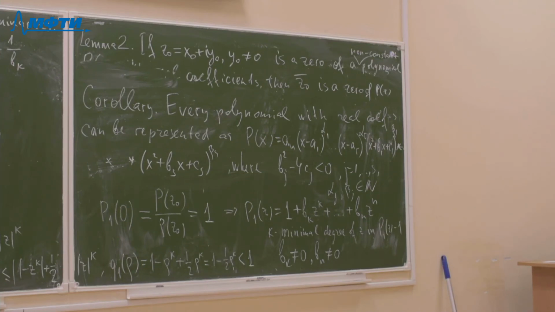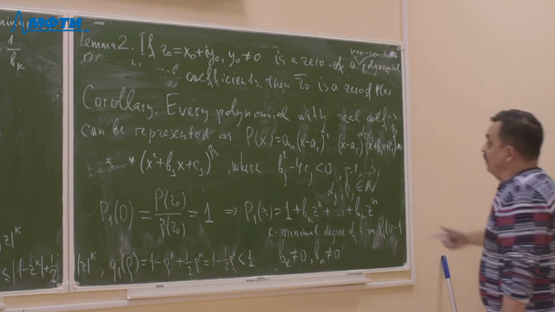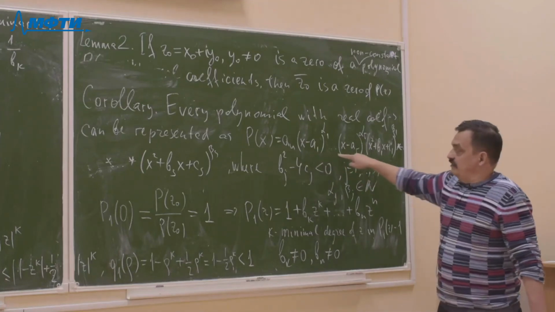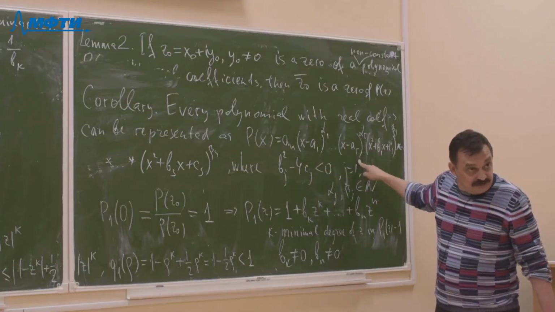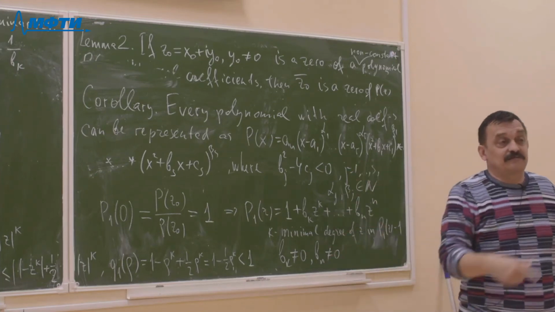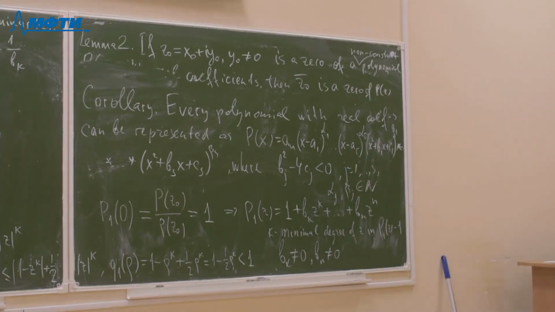There is a complex zero, and we proceed further and further. In this way, we consider all real zeros, right? After that, it may happen there are no more real zeros. But according to the fundamental theorem of algebra, there is at least one complex zero, while the polynomial is not constant, right?